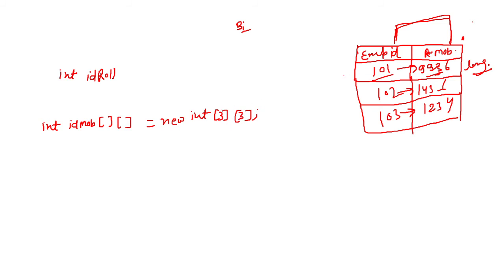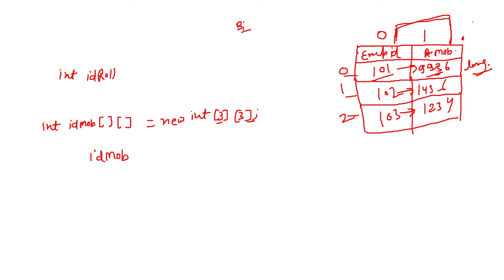Because these are 3 values, so I have declared size 3. And then for the id and mobile of the first employee, this is index 0, this is 1, and this is 2. Similarly 0 and 1.